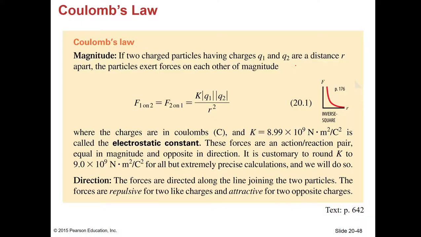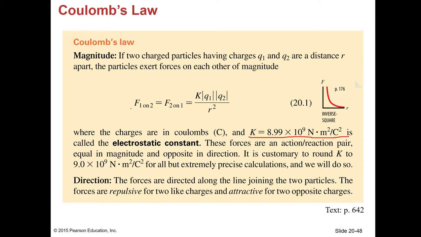So Coulomb's law, finally. Here's the formula. Force of 1 on 2, which is equal to the force on 2 from 1. Remember, that's Newton's third law. K, Q1, Q2 divided by R squared. So K is a constant, and you can see it down here, 8.99 times 10 to the 9th Newton meter squared per Coulomb squared.